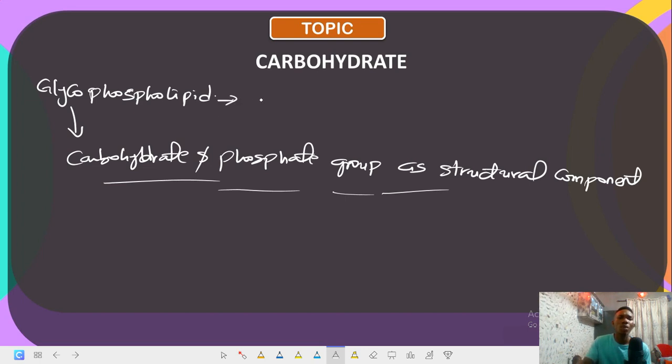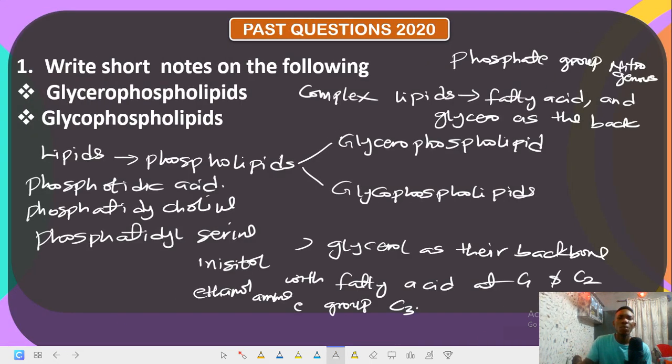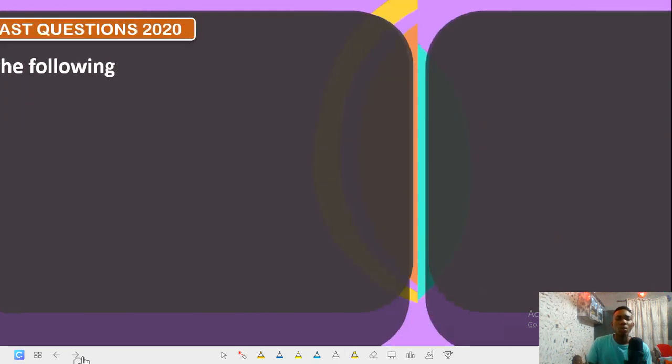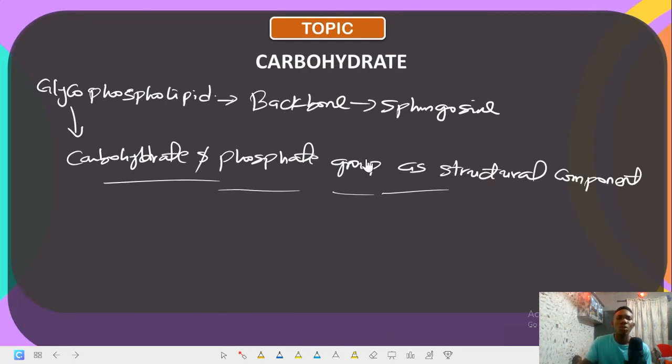Now, if you talk about glycolipid, the backbone is sphingosine. Sphingosine is the backbone. Why for glycerophospholipid, what is the backbone? The backbone is glycerol. Why this one? The backbone is sphingosine.